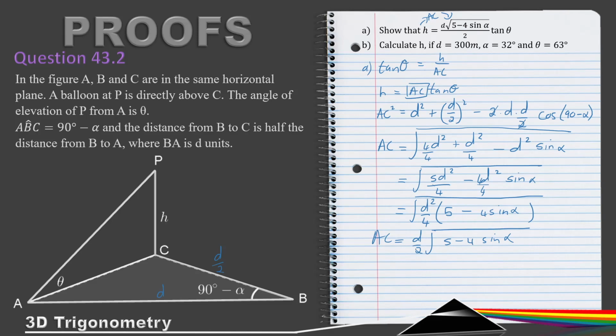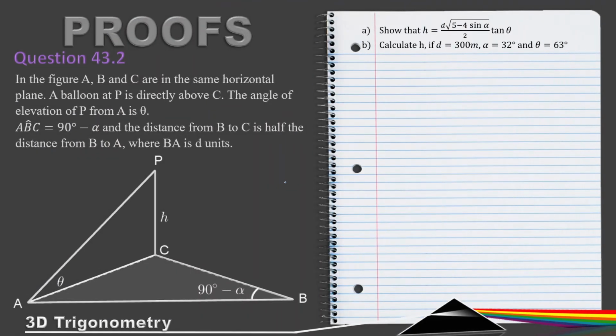We just wrote D over 2 instead of putting all of this over 2, which is the same thing. So it's going to be D times the square root of 5 minus 4 sine alpha, over 2, times the tan of theta. And then we have what we needed to prove.